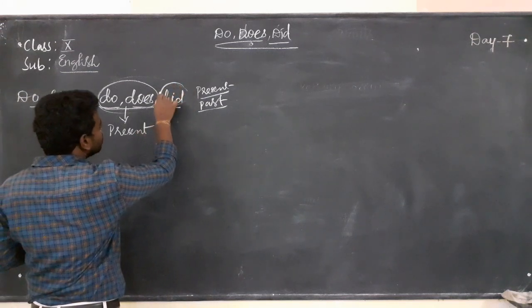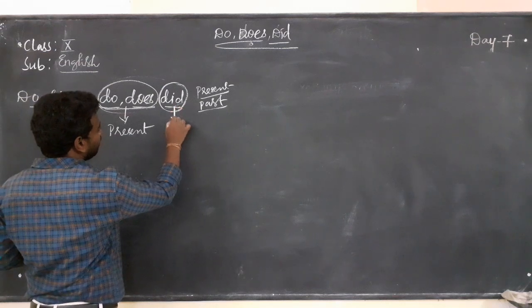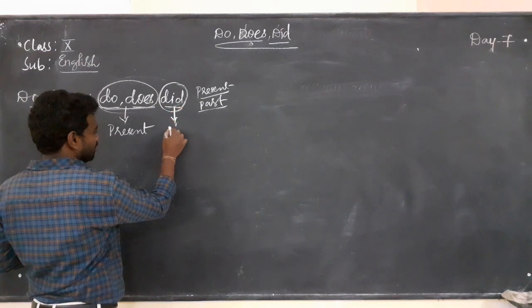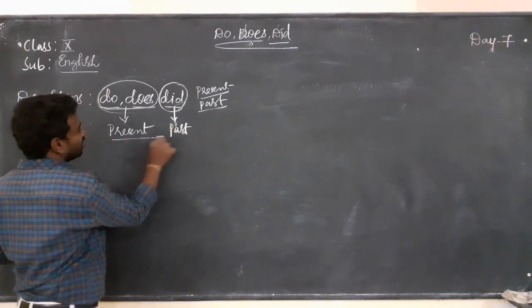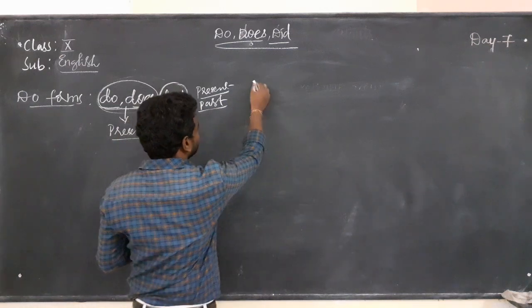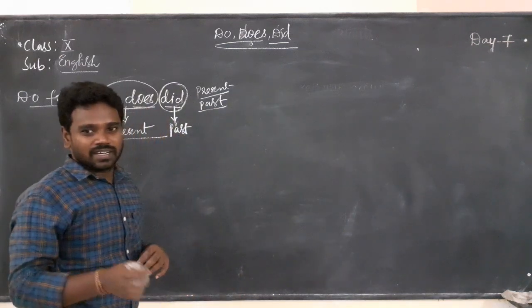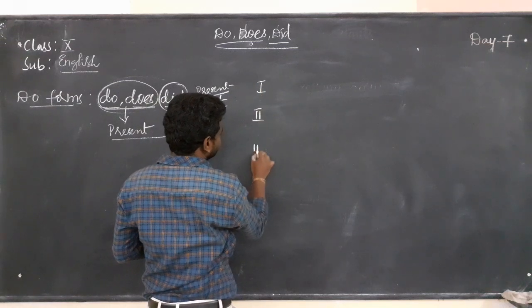And did always goes with past tense. So now let us see from the person point of view. What are the persons? First person, second person, and third person.